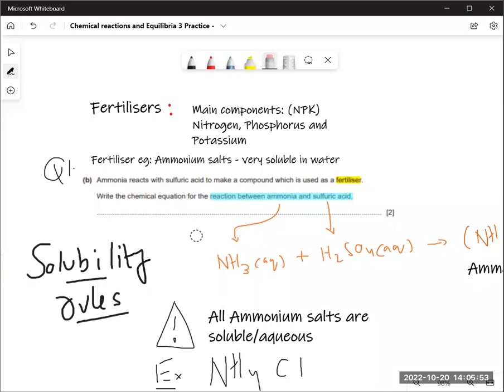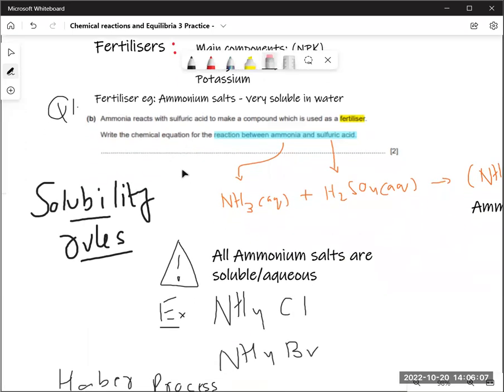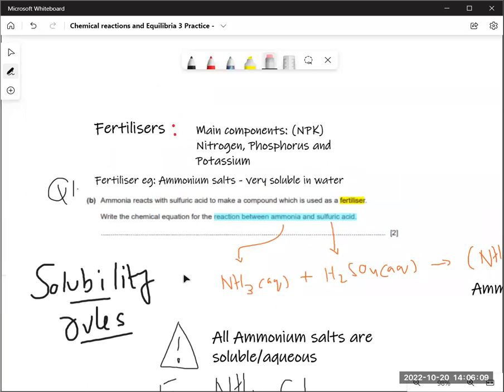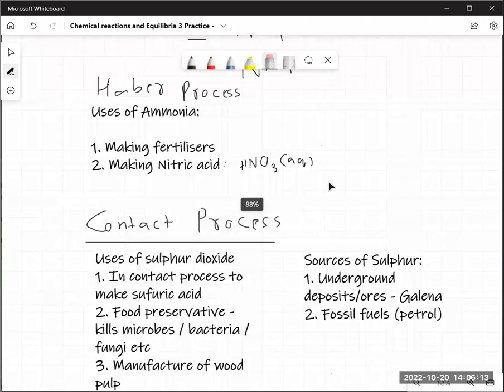And what about silver chloride? It's insoluble. Silver and lead chloride are insoluble. What does soluble mean? Dissolves in water.